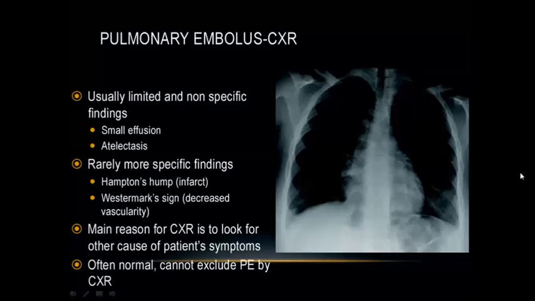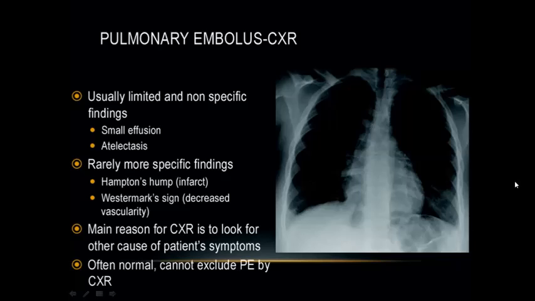Another pulmonary pathology is pulmonary embolism. Conventional X-ray is of no value and cannot exclude the presence or absence of pulmonary embolism.